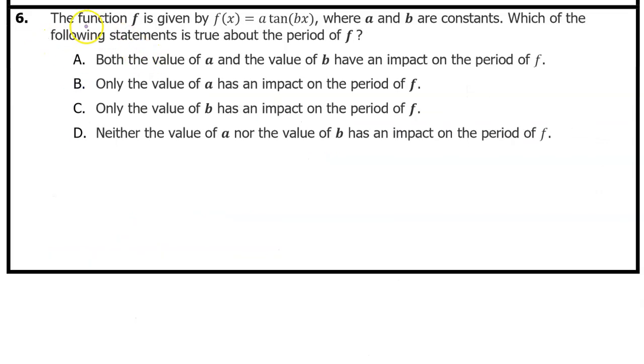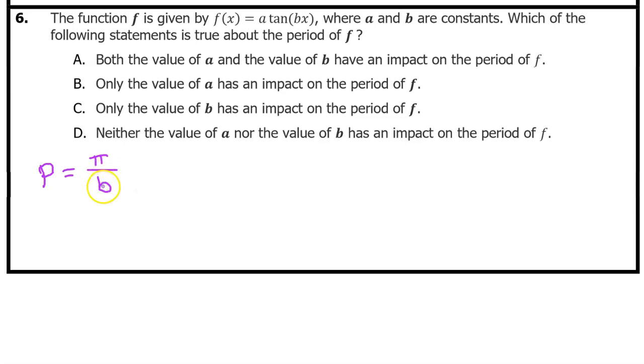Number 6. The function f is given by f of x equals a times the tangent of bx, where a and b are constants. Which of the following statements is true about the period of f? In problem 5, we discussed the fact that the period of the tangent function is completely determined by pi divided by the b value.